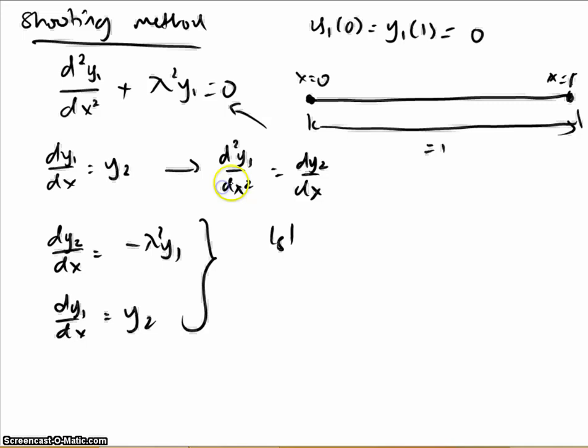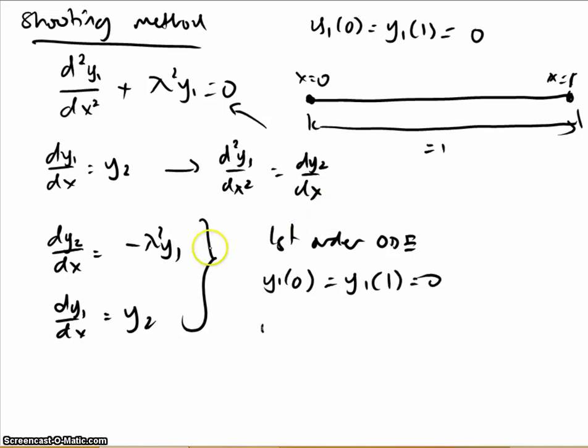Okay, so this is my first order ODE. We basically would like to solve this subject to the conditions of y1 at 0 equals y1 at 1, and this equals 0. But unfortunately, we don't know what y2 at 0 is, which means we will not be able to solve this system here.